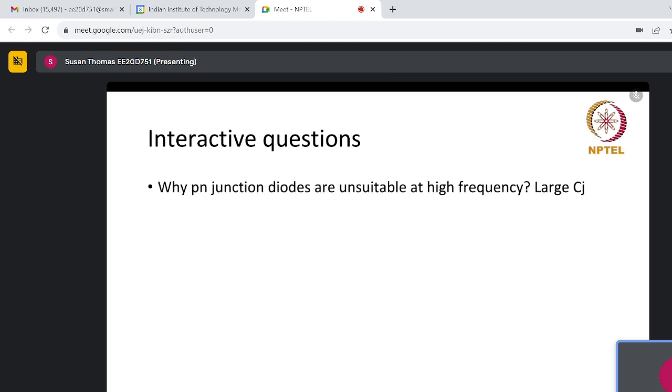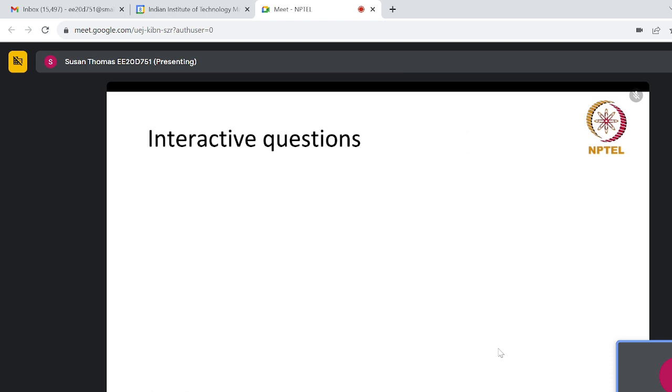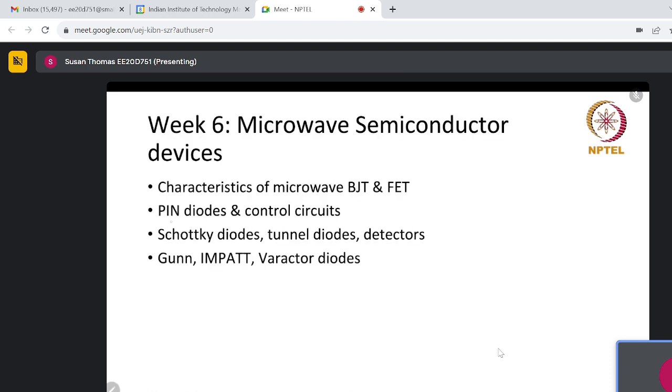First question. What is your comment on why PN junction diodes are not suitable at high frequency? As you have come across a lot of different types of diodes like pin diode, Schottky diode, tunnel diode, why does the regular PN junction diode fail at high frequency?